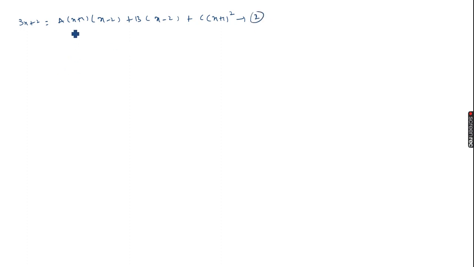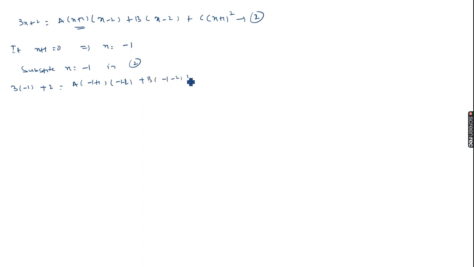So first we take x plus 1 is equal to 0. That is, if x plus 1 is equal to 0, from that x is equal to minus 1. Substitute x is equal to minus 1 into equation 2, we get 3 into minus 1 plus 2 equals a into minus 1 plus 1 and minus 1 minus 2, plus b into minus 1 minus 2, plus c into minus 1 plus 1 whole square.